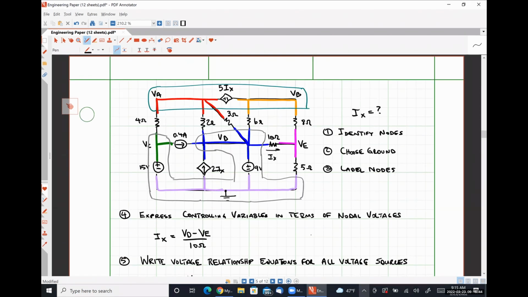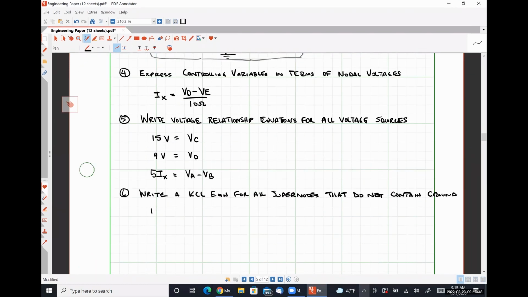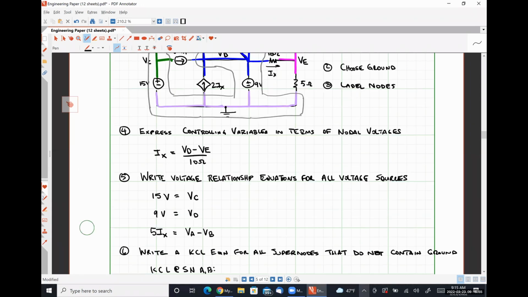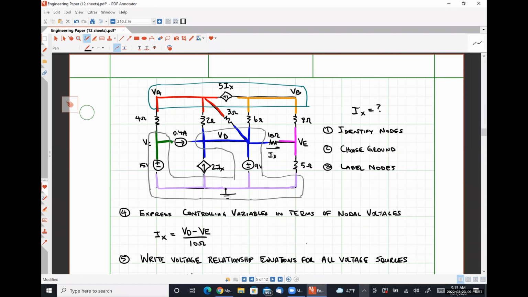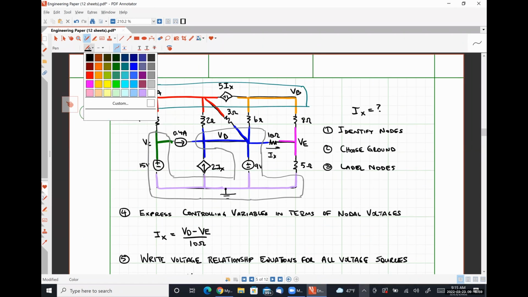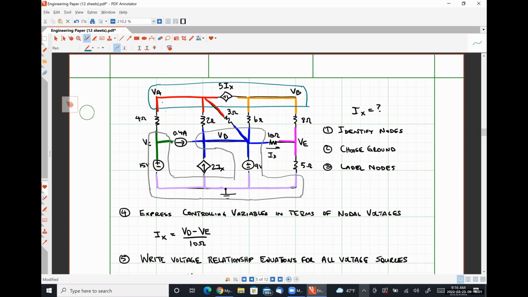So in this case, that would be a KCL at supernode A, B equation, which would be this current plus this current plus this current plus this current plus that current.